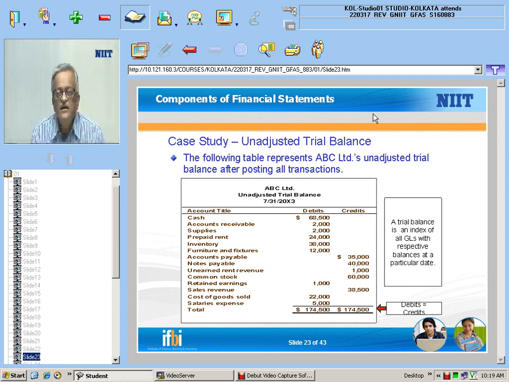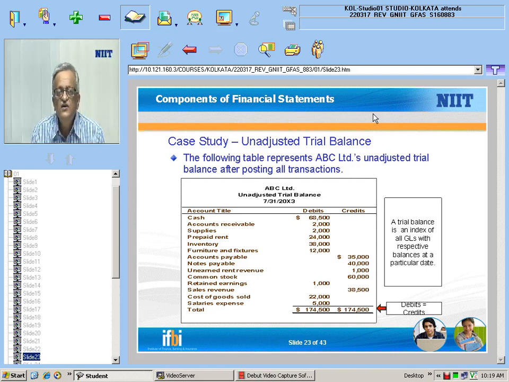You can see two sides, debit side and credit side. On the debit side, you can see cash, accounts receivable, supplies, prepaid rent, inventory, furniture, retained earnings, cost of goods sold, and salary expenses accounts.